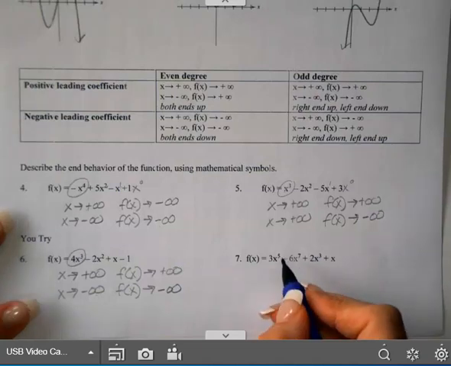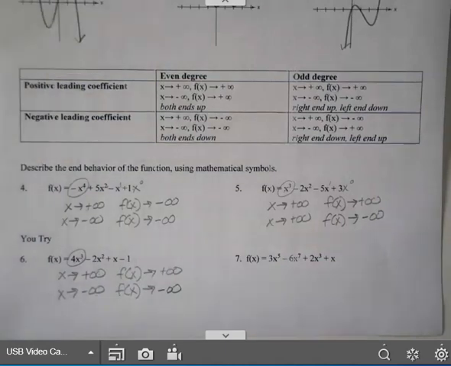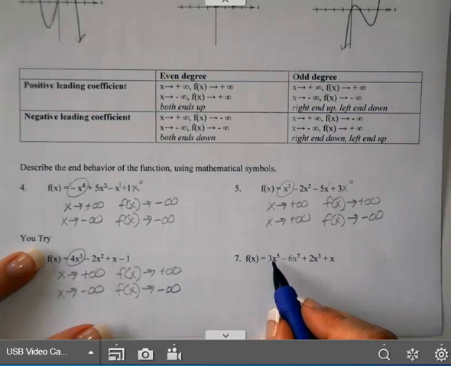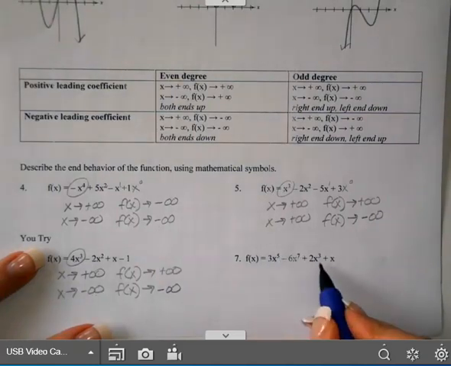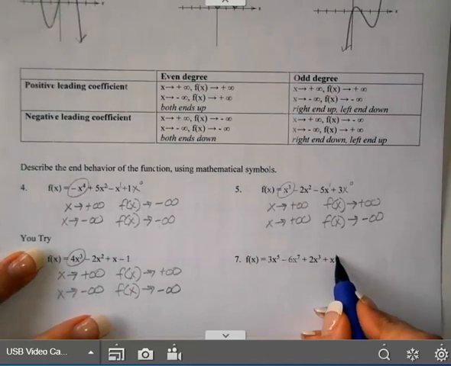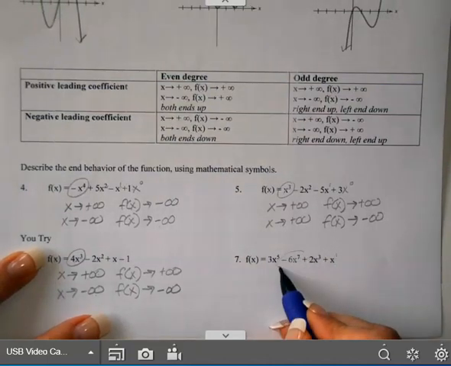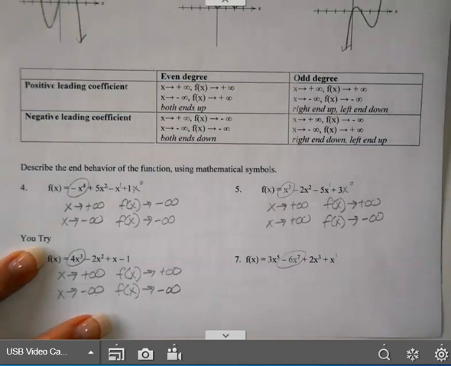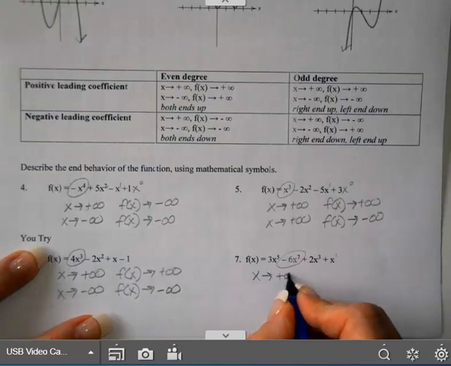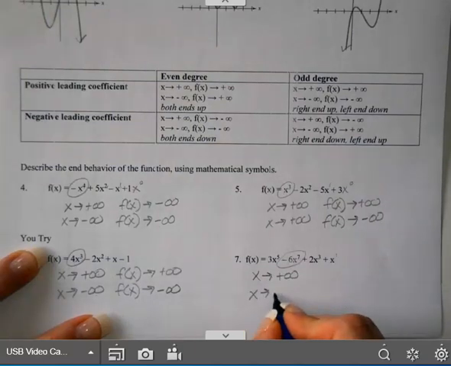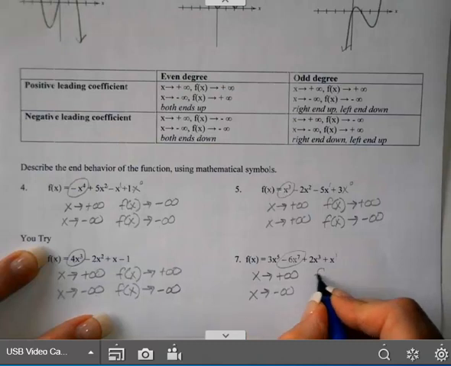And on number 7, note this time, I don't have it in standard form. This is x to the 5th. This one's x to the 7th, x to the 3rd, and x to the 1st. So my leading term is actually the negative 6x to the 7th. Hopefully you caught that. So as x goes to plus infinity and as x goes to negative infinity, what does my function do?